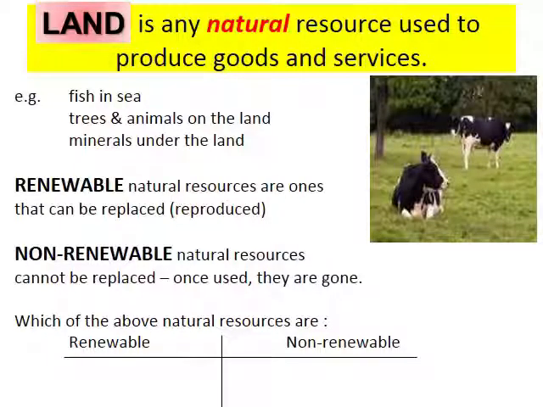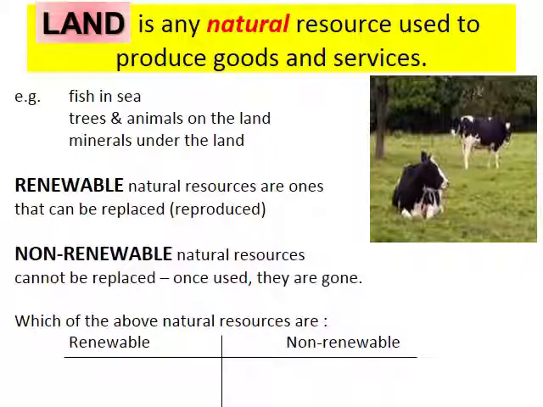So let's move on to our definitions, a bit of a closer look now at land. Land is any natural resource, so it could be the cows, it could be the trees, it could be the grass the cows eat, it could be the air, it could be the water, etc. Now we can divide natural resources into two further categories: renewable and non-renewable.